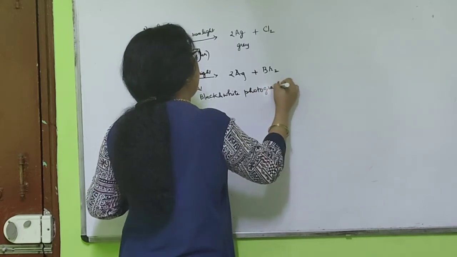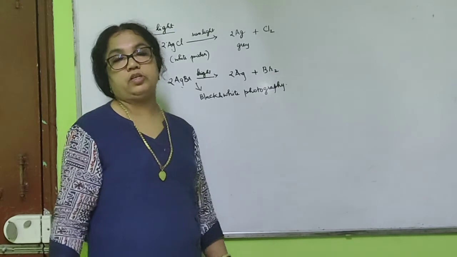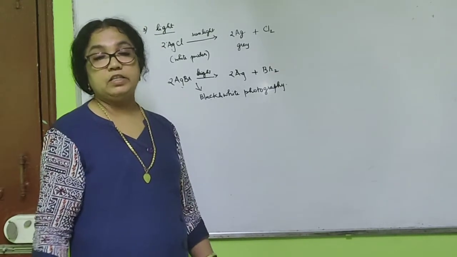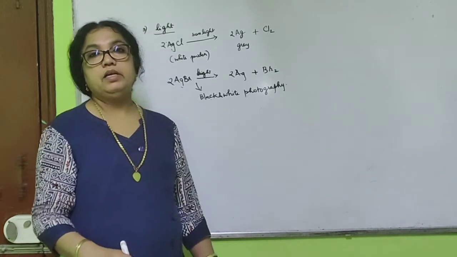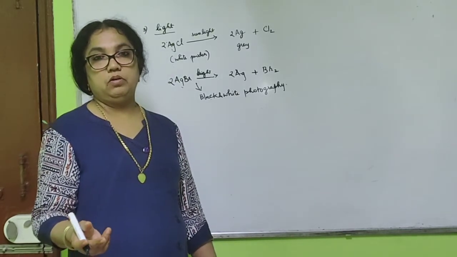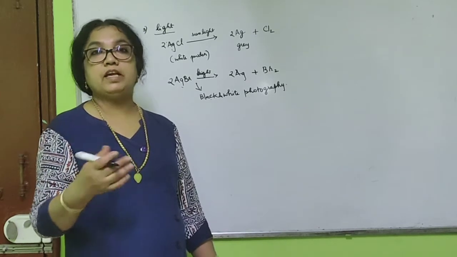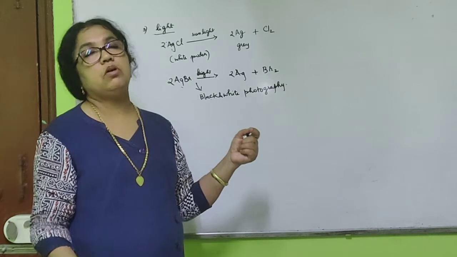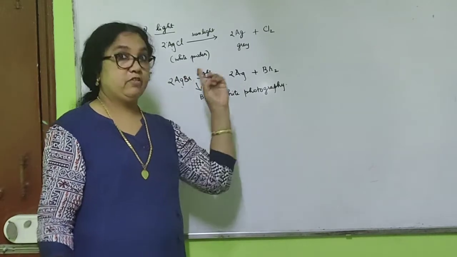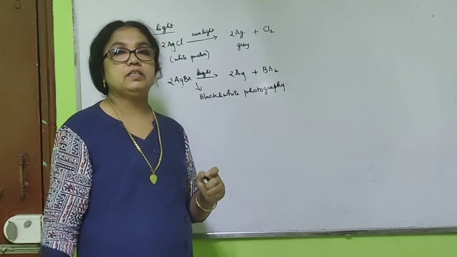These are all examples of decomposition reactions. What is a decomposition reaction? If a single substance is converted into two or more products with the help of energy. Here, in all of these, energy is used, so these reactions are endothermic. In combination reactions, which are exothermic, heat is released.